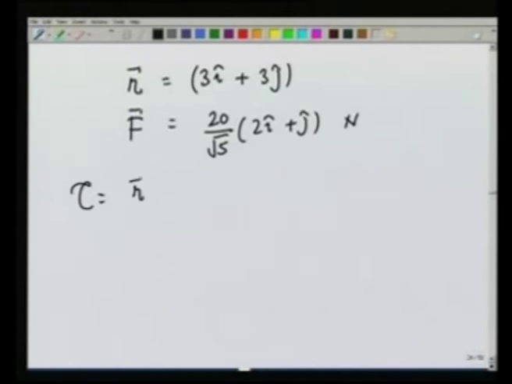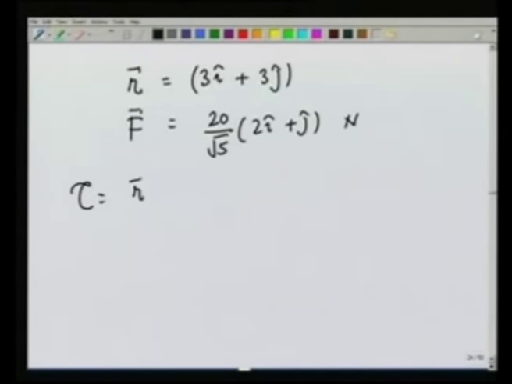And therefore, you see that no matter where I take the vector r to be along the line of application of the force, the torque comes out to be the same. This is also an example of transmissibility of the force vector that we talked about in the previous lecture.